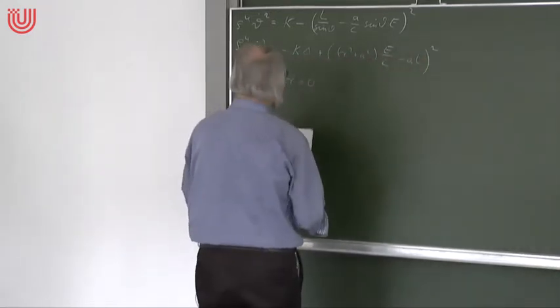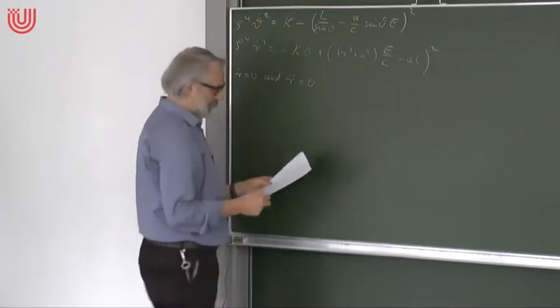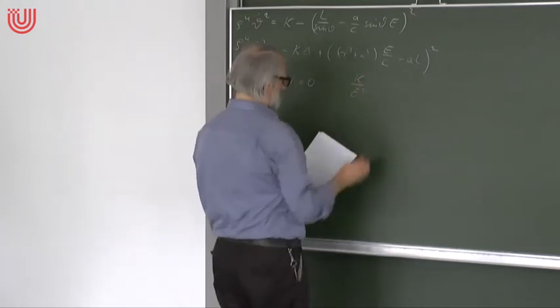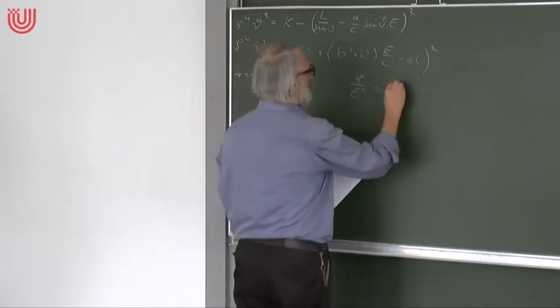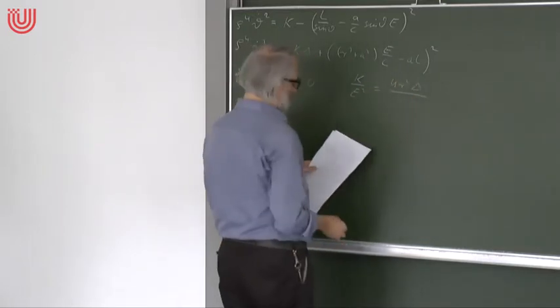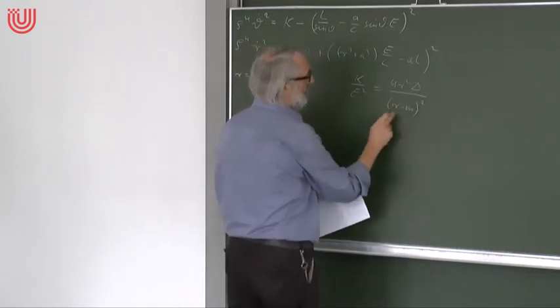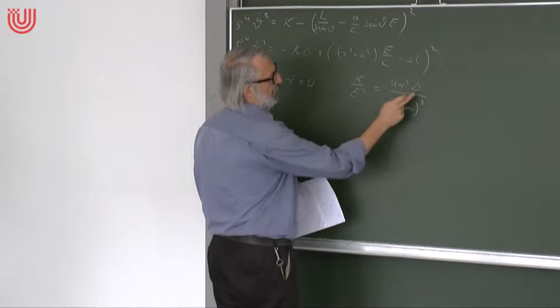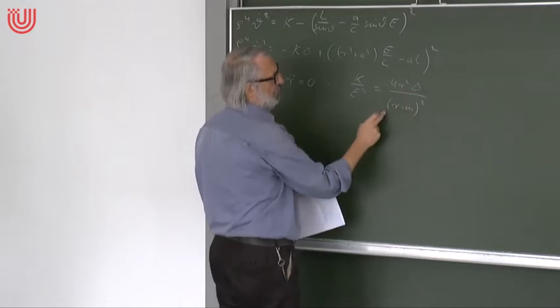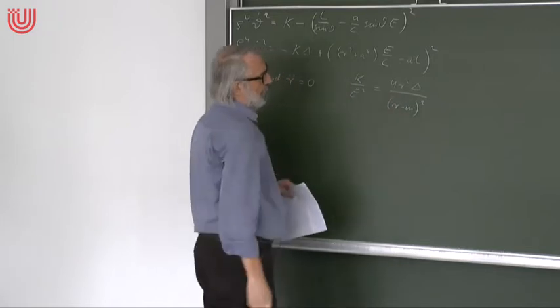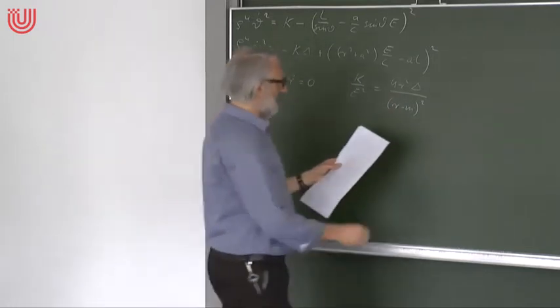And if one does it properly, unfortunately I produced a mess on the board, but if you do it properly, you find that K over E squared is 4 r squared delta, divided by (r minus m) squared. That's 1/2 the derivative of delta with respect to r. So you could also write for this expression (r minus m) 1/2 delta prime, if you like.